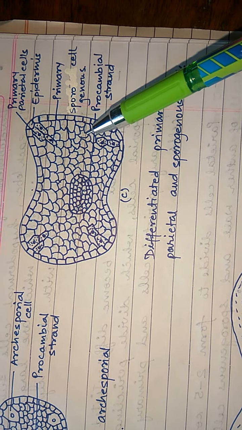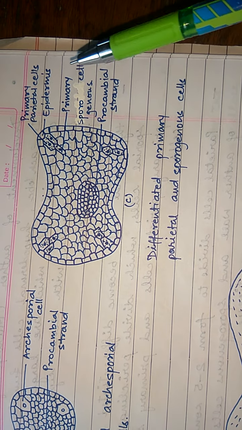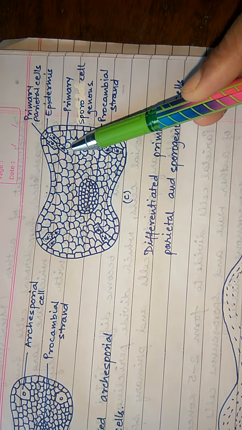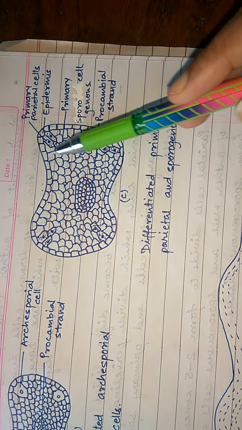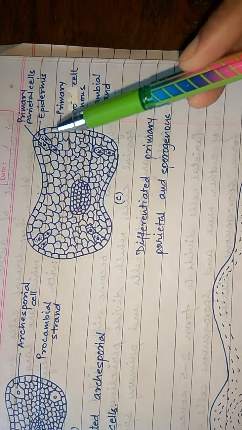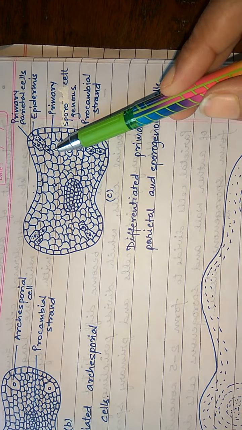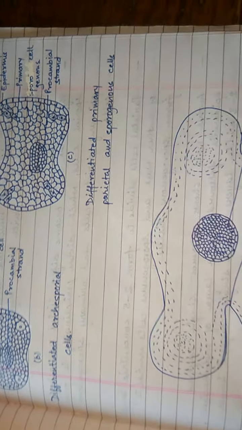This divides to form primary parietal cells and sporogenous cells. The primary parietal cells form 2 to 5 concentric layers, and the primary sporogenous cells divide to form sporogenous tissue.